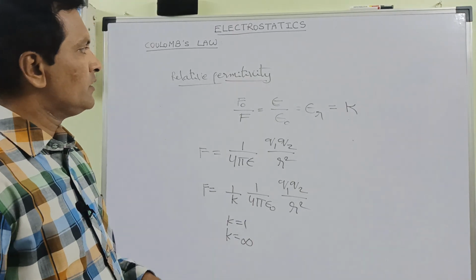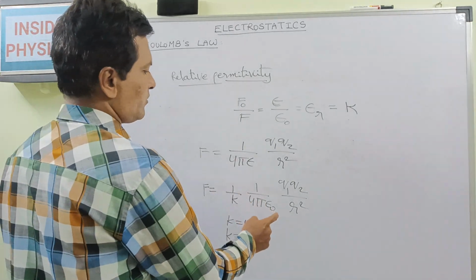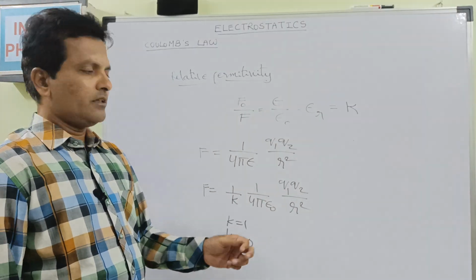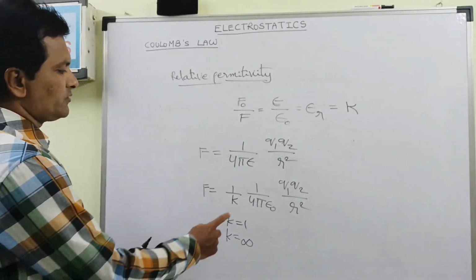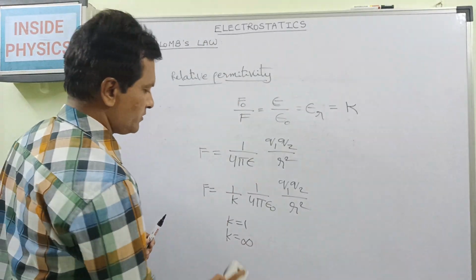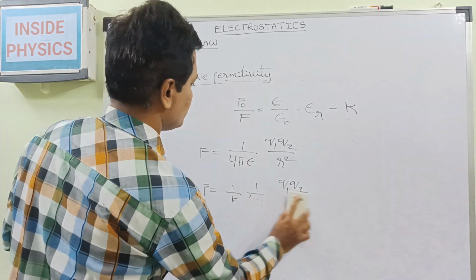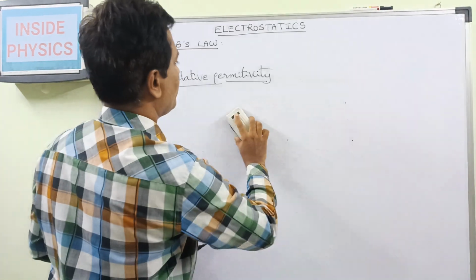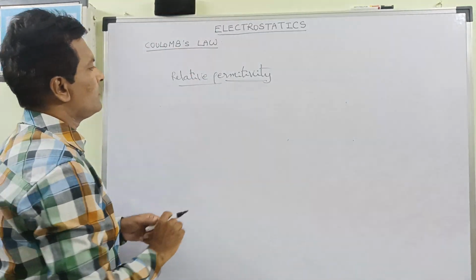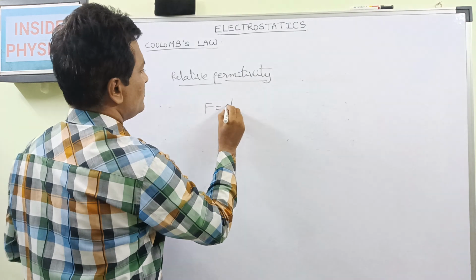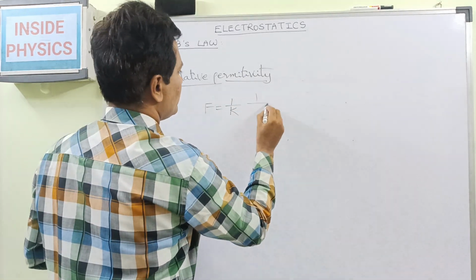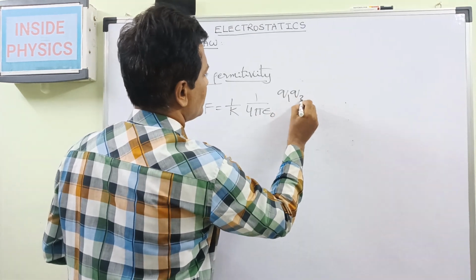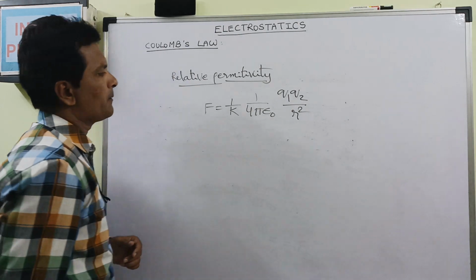Okay, so by this formula we will have some implications, two or three implications we have with this formula. We will see what are those. See, F is equal to 1 by K into 1 by 4 pi epsilon naught Q1 Q2 by R square.